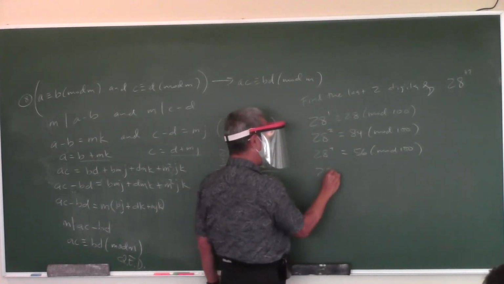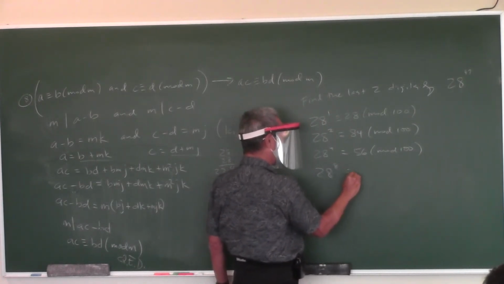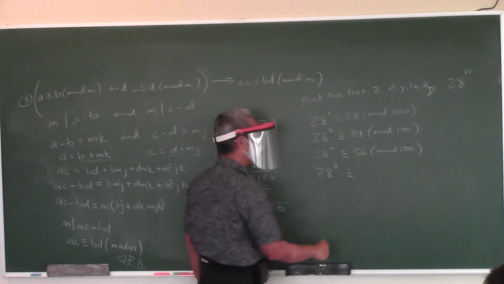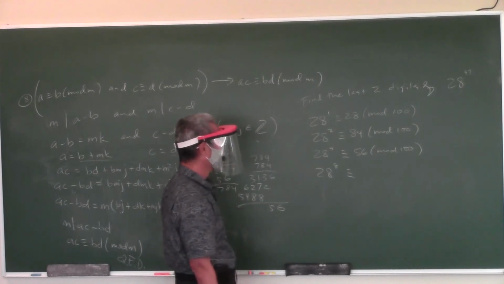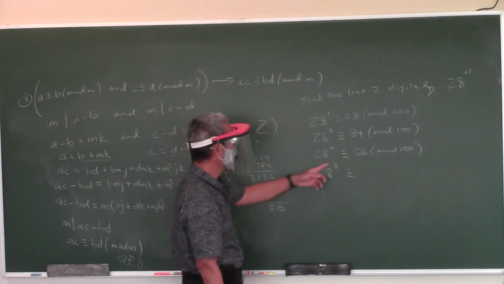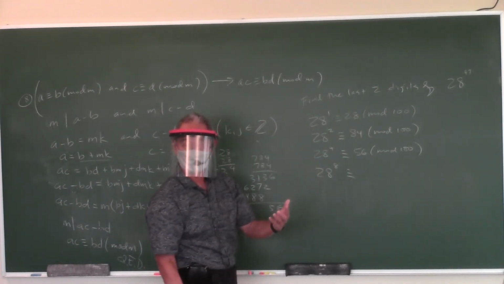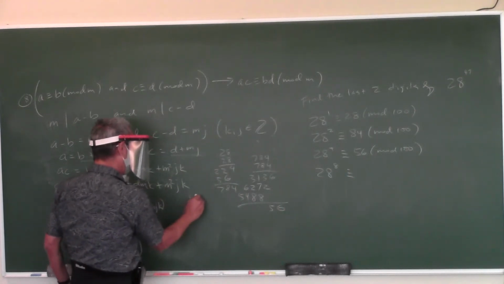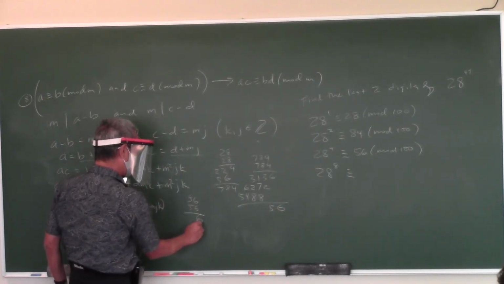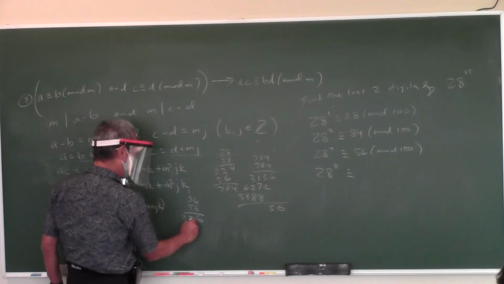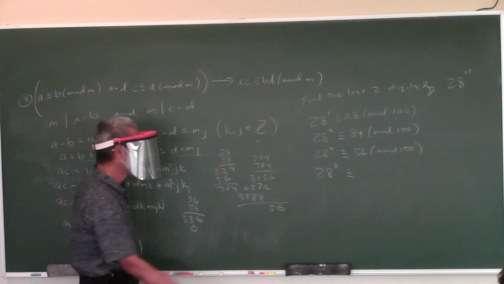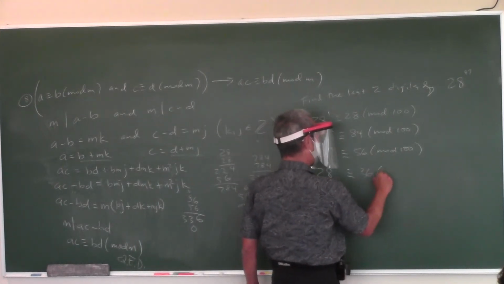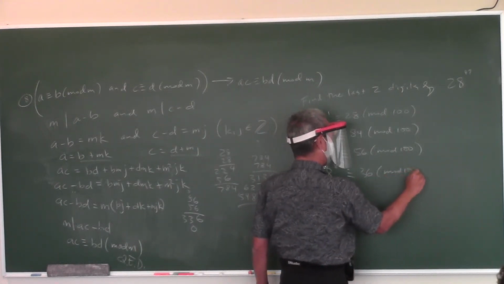Okay, now we need 28 to the 8 then. This is not equal, it's congruent. So basically it's this one squared then, right? So go 56 times 56 then, right? 56 times 56, that's 36 mod 100.